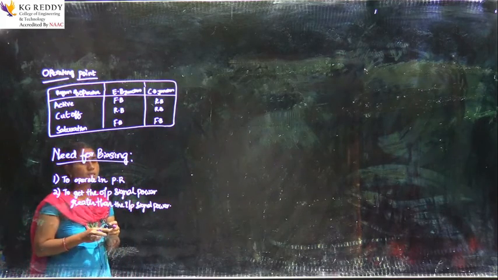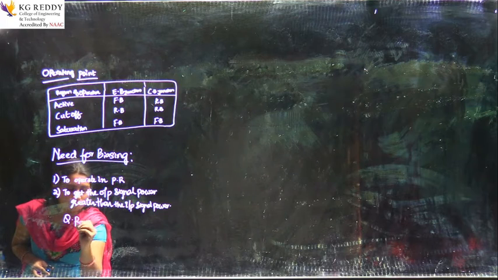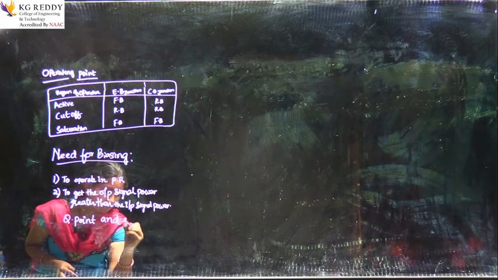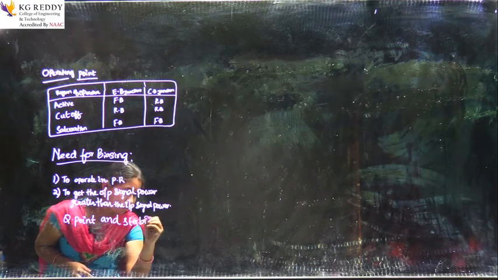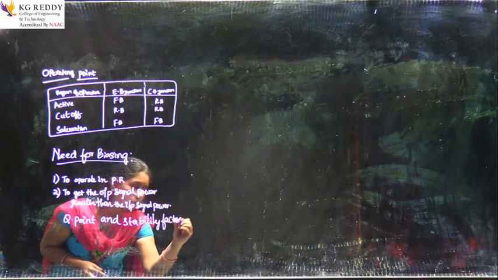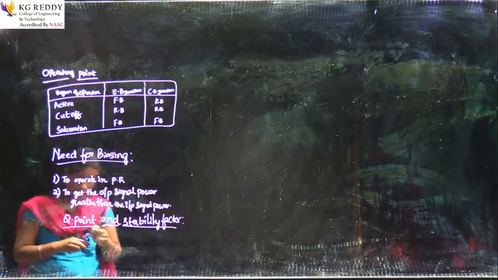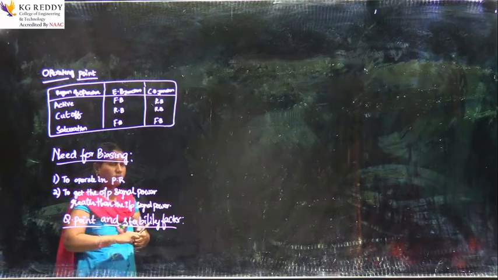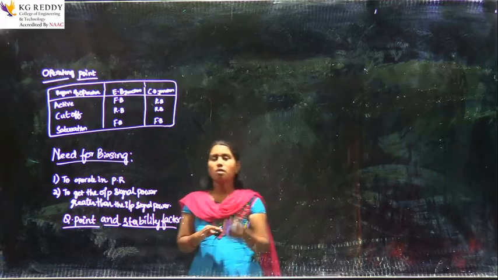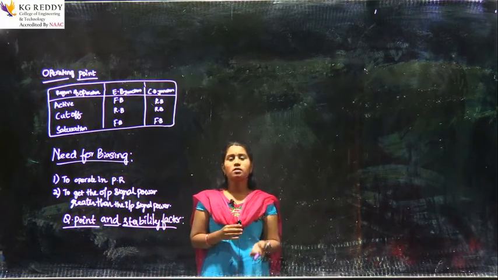Now let us discuss another topic: Q point and stability factor. What is meant by Q point? As we apply external voltages, these generate some voltage and current.